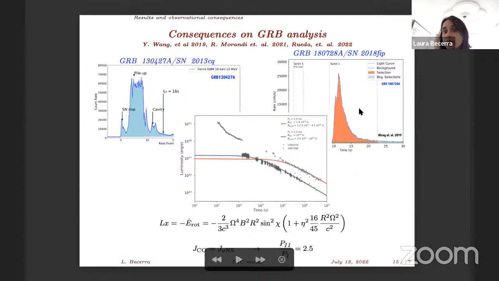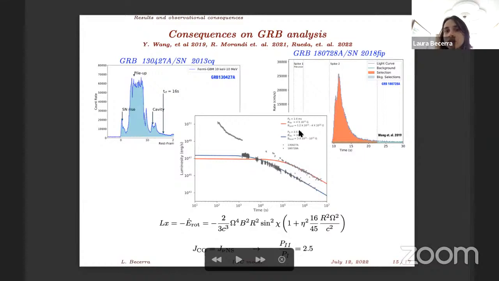But for both cases, the afterglow of this GRB can be fitted with the rotational power of the new neutron star, and some inference can be made about the magnetic field of the neutron star and the initial orbital period.